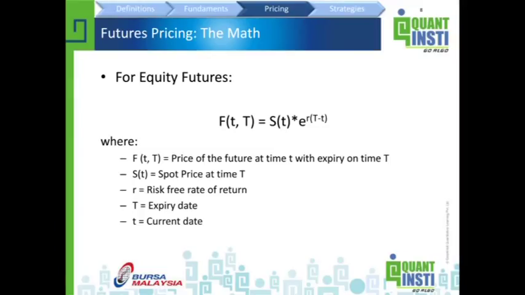So the future price for an equity future or an index future would be, here your F(t, T), where t means the price of the future at time t, that may be today as of now, with the expiry at time capital T. Say the expiry is May, which is almost 3 months, so capital T would be 3 months.